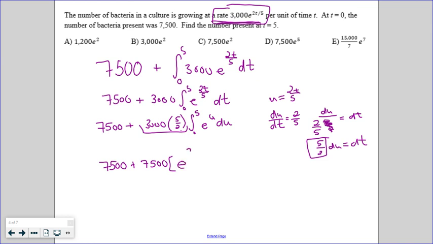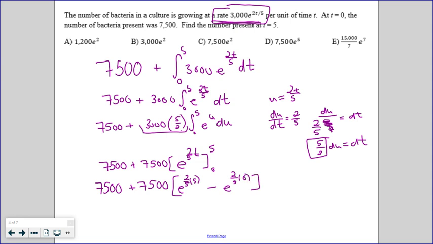That would be e to the 2/5 t. And we're going to evaluate that from 0 to 5. So evaluating that at 5 and evaluating that at 0.